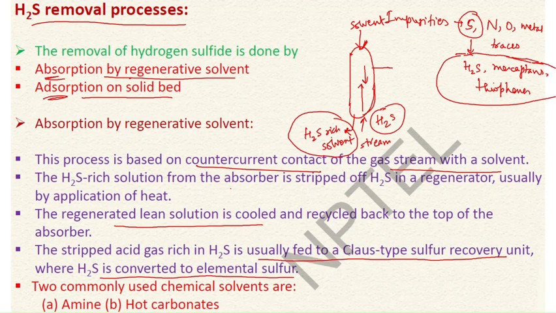So this H2S rich solution is sent to a regenerator where H2S and solvent are separated, and the solvent is sent back to the absorber for absorption of more H2S for the second round. And this H2S rich gas is sent to a sulfur recovery unit where it is converted to elemental sulfur, which can be used in various applications.